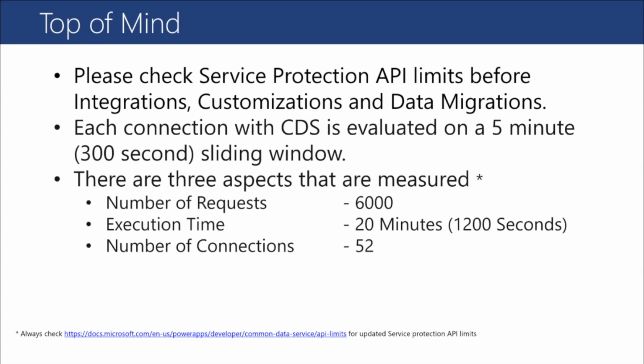One way to avoid it is to send batch requests for data migration. Definitely check our data migration TechTalk for best practices, but for data migration or integration, to avoid this error, always determine a sweet spot with optimal settings of batch and parallel threads, so that you can avoid service protection API limits kicking in.